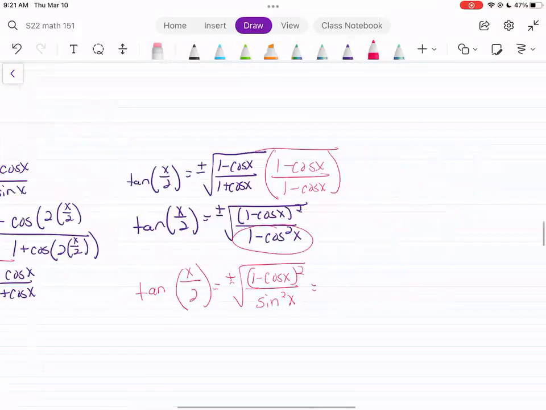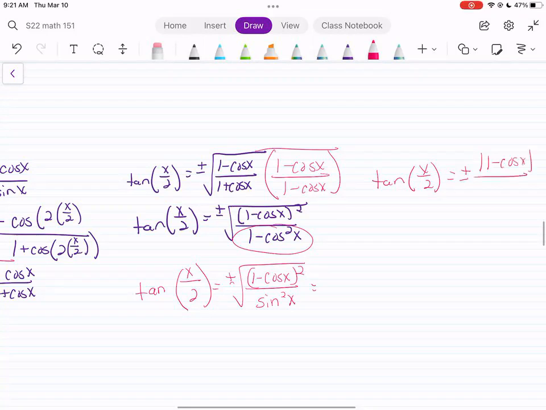Then taking the square root, we get that the tangent of x over 2 is equal to plus or minus the absolute value of 1 minus the cosine of x over the absolute value of the sine of x. Remember that the absolute value is important because we can't have a negative under a radical. However, we can also recognize here that this top part is always going to be positive since cosine is bounded by 1.